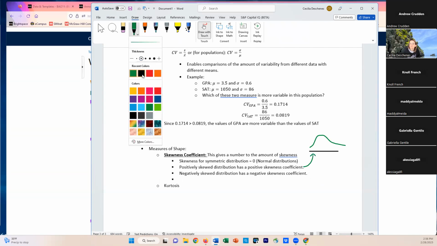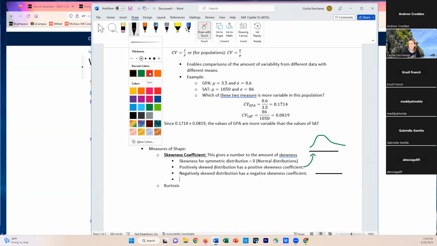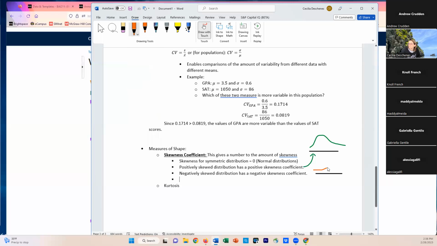And if it's negatively skewed, the tail points to the left and the hump is over to the right. So the tail points in the direction of the skewness. That's supposed to be an arrow. Okay.